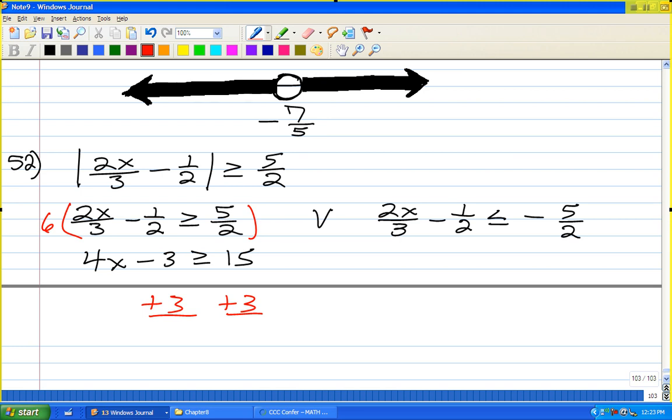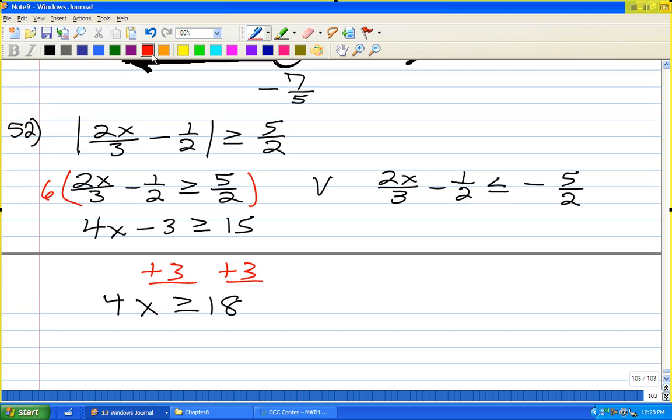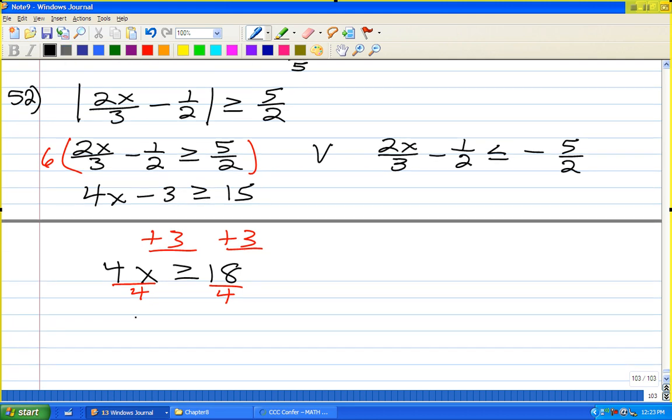And so 4x is greater than or equal to 18. Let me divide both sides by 4. The 4's cancel, so I have x is greater than or equal to 18 fourths. I can divide both 18 and 4 by 2, so 9/2.